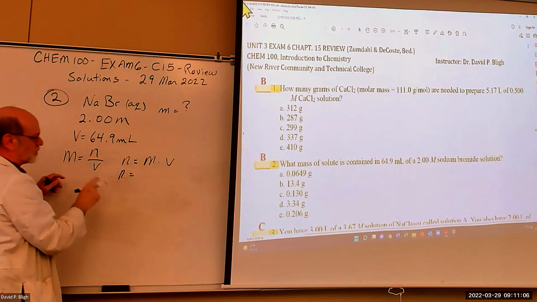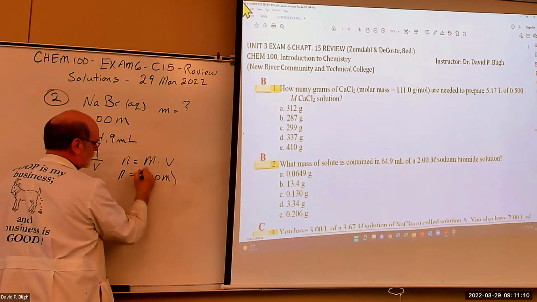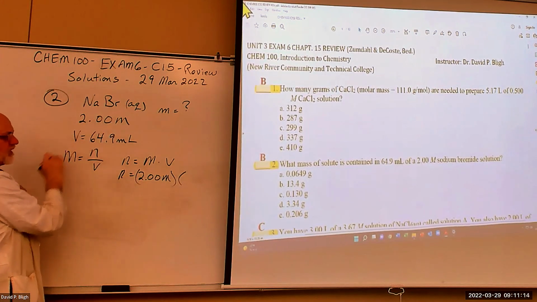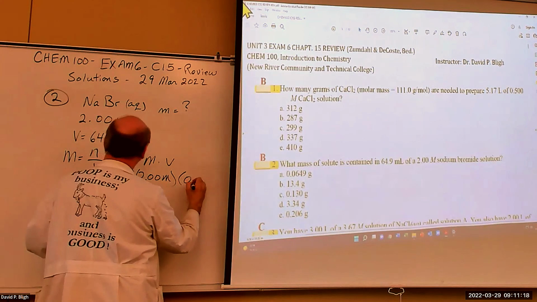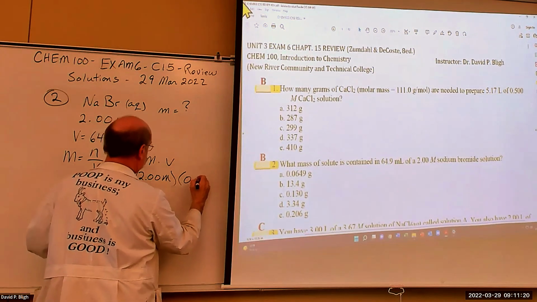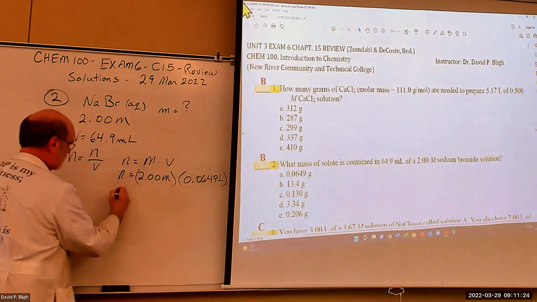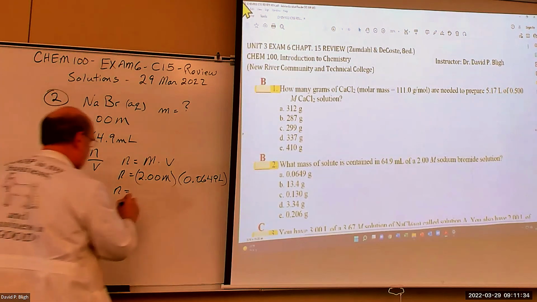Then in this case, we have to be sure that our volume is in liters. So we just move it 3 to the left. That gives us 0.0649 liters. That should be the number of moles. 0.298 times 10 to the minus 1.